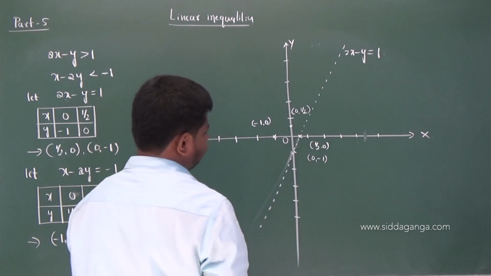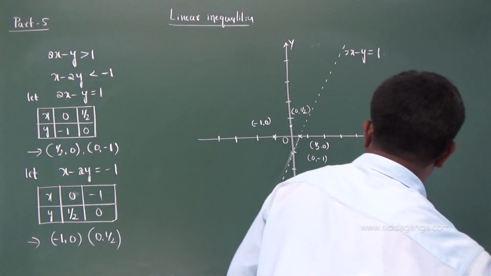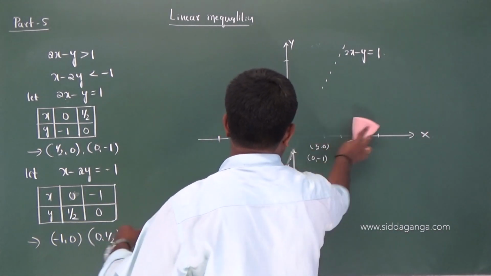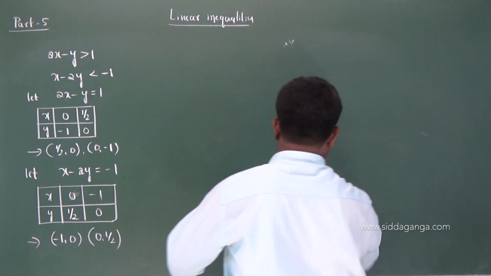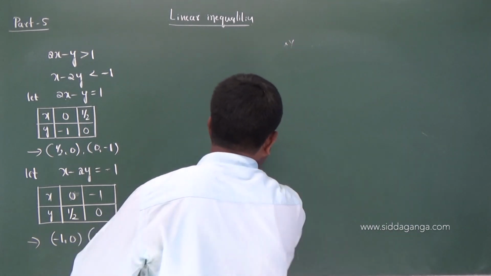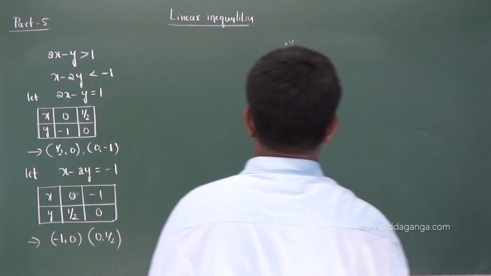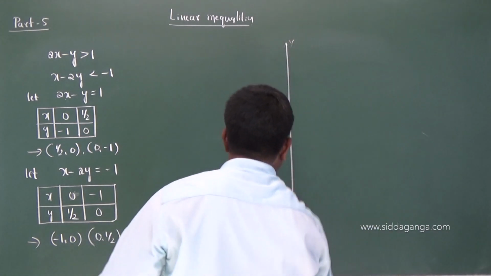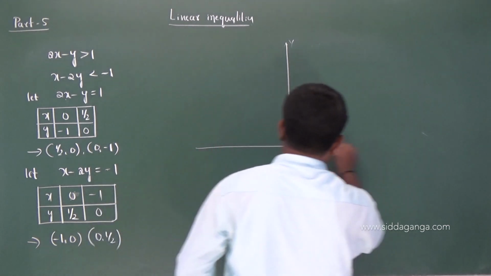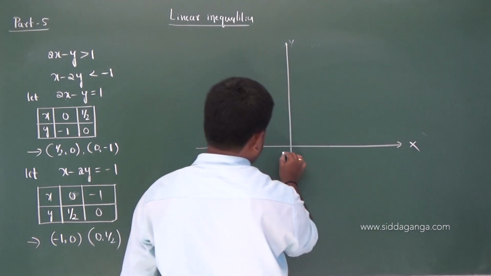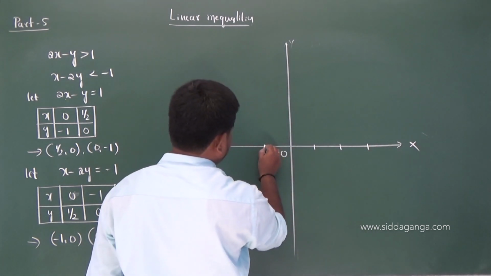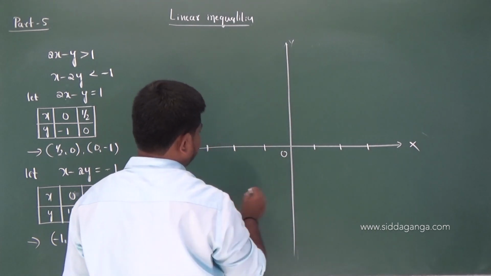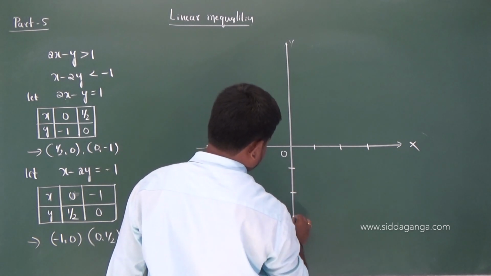Better, let us take the points. Since we have smaller points, let us rewrite the graph. This is 1, this is 2, this is 3. Let's take like this.